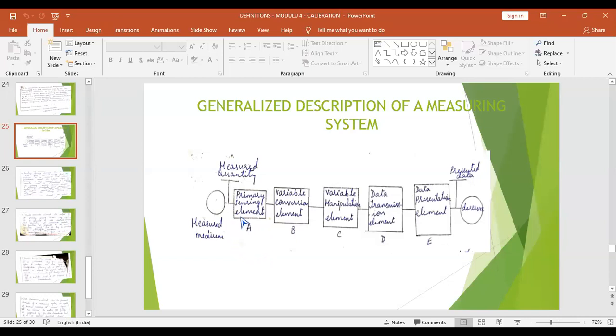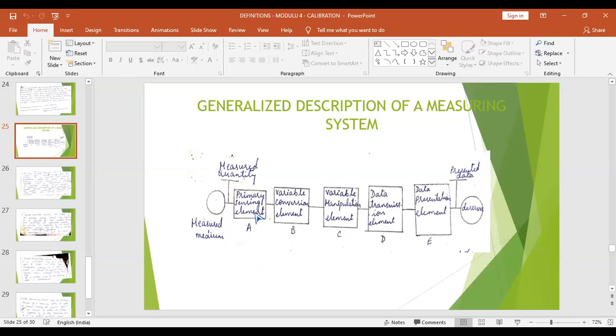Remember, the change in the resistance that is measured in millivolts in the Wheatstone bridge is converted into an analogous signal in the primary sensing stage.